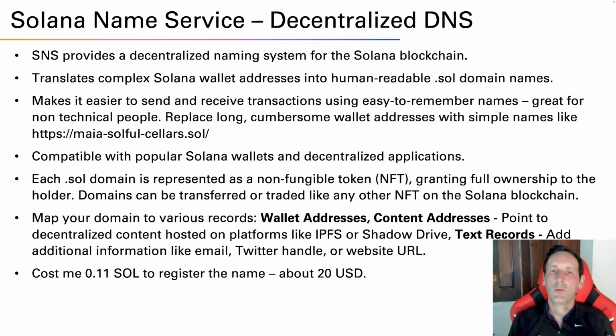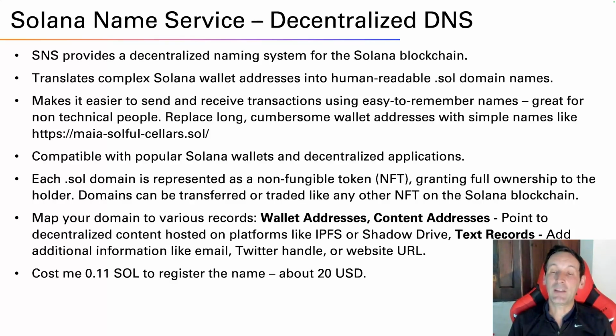Just like how the traditional Web2 domain name system works, which translates human-readable domain names like Amazon.com into an IP address so that people don't have to remember IP addresses, because human beings are not very good at remembering IP addresses, i.e. numbers, but they're very good at remembering names.